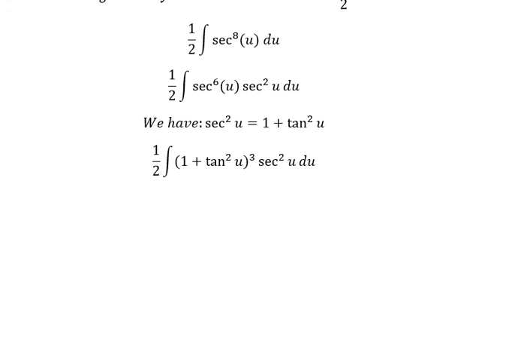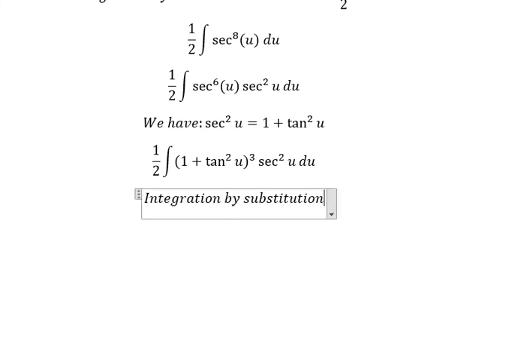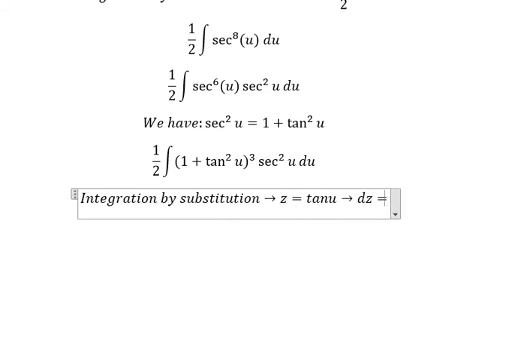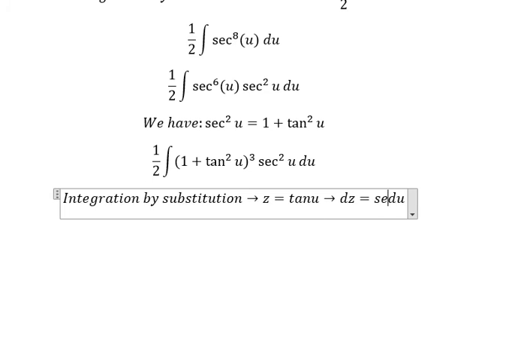Next, we need to use integration by substitution. So we let z equal tan u, dz equals du multiplied with sec u squared.